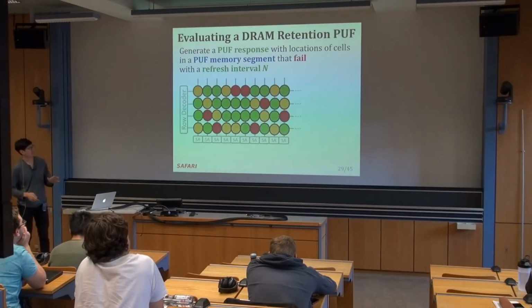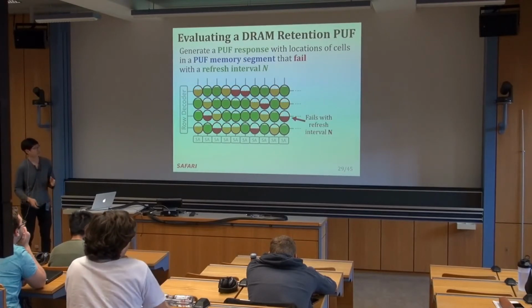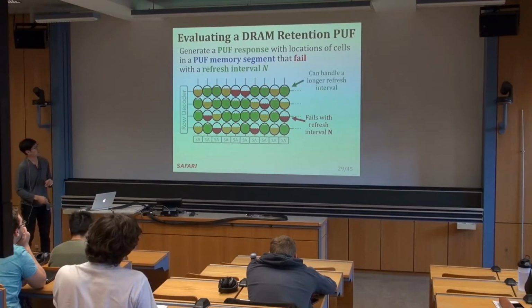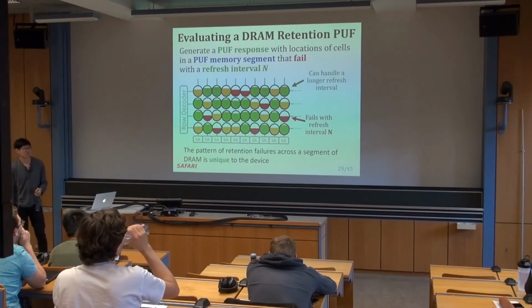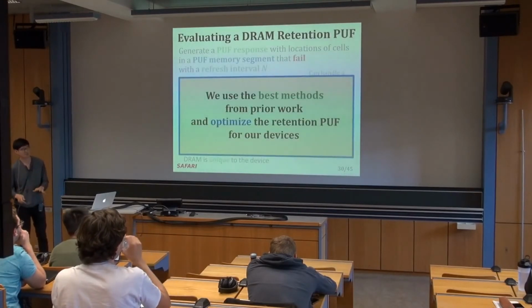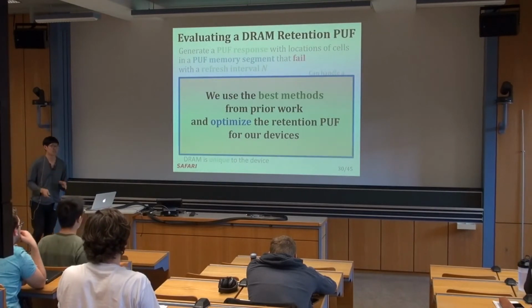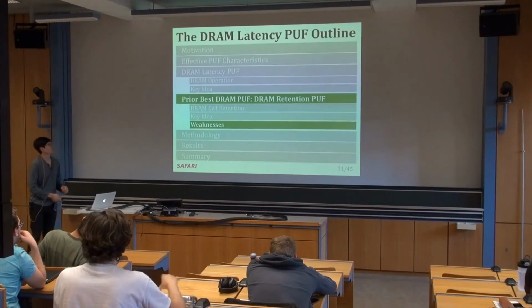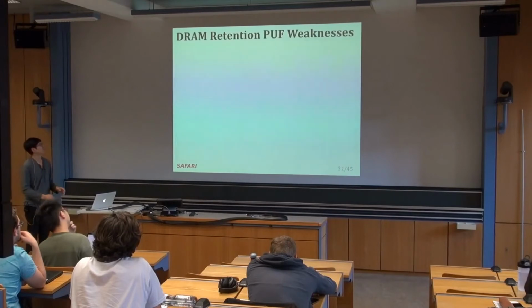Here we have an animation where we wait a refresh interval of n and then record the cells that fail with the refresh interval n and ignore the others. So the pattern of retention failures across a segment of DRAM is unique to the device. We use the best methods from prior work and optimize the retention PUF for our devices in order to fairly compare. I'll talk about the weaknesses of the DRAM retention PUF now.